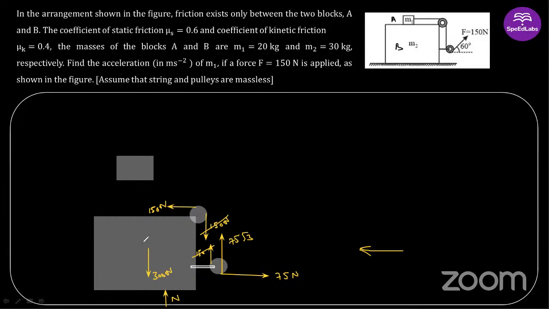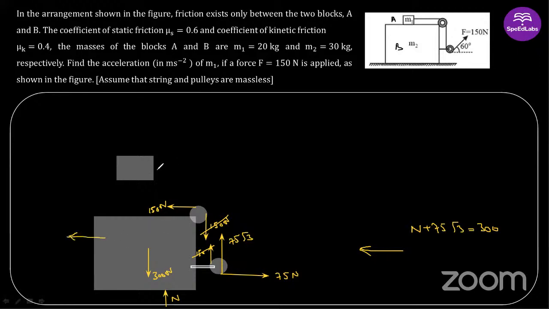Yes, but it is moving in that direction. Okay, and vertical forces we will say 300, the normal, plus 75 root 3 is equal to 300. The vertical forces are balanced, and I am saying this block is moving in that direction.